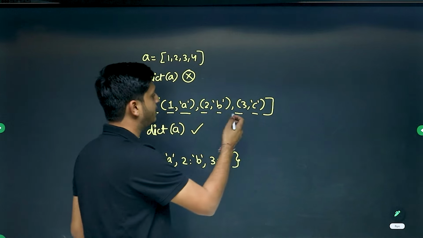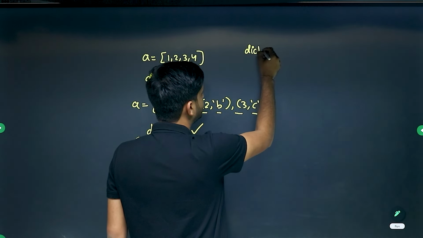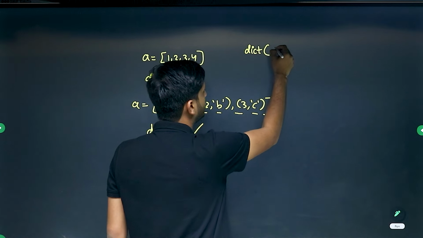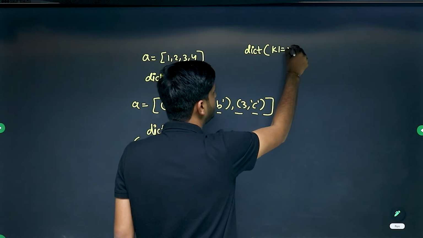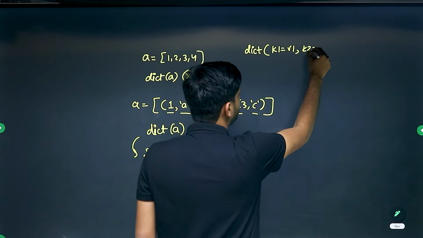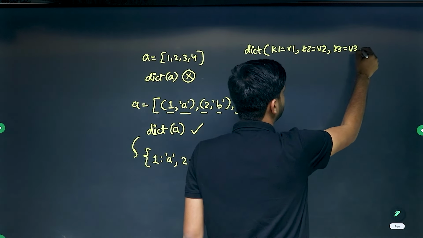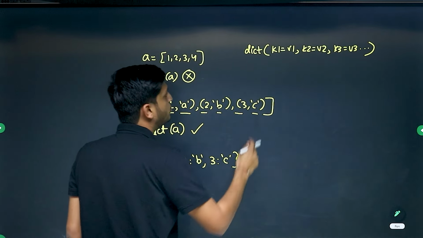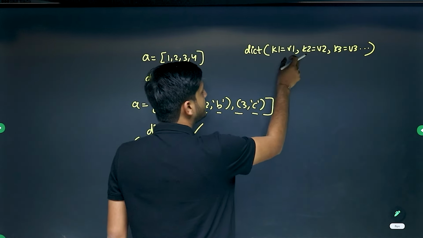And another way of creating a dictionary using the dict constructor is, in the dict constructor, there is another syntax in which you can write key1 is equal to v1, comma key2 is equal to v2, comma key3 is equal to v3, like that. So you can do comma separated inside the dict constructor, and you can say key1 is equal to v1.